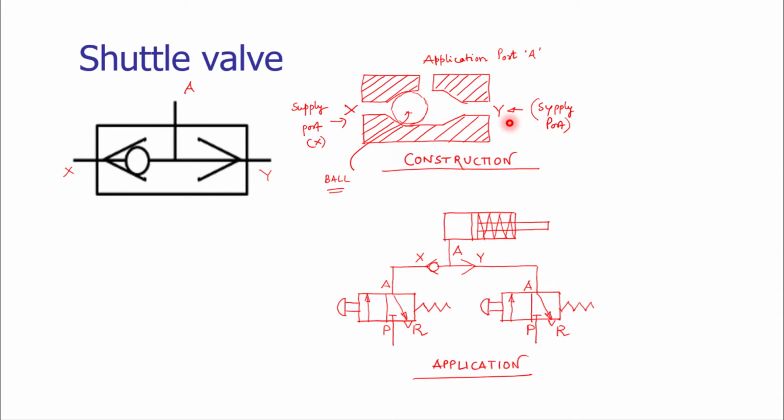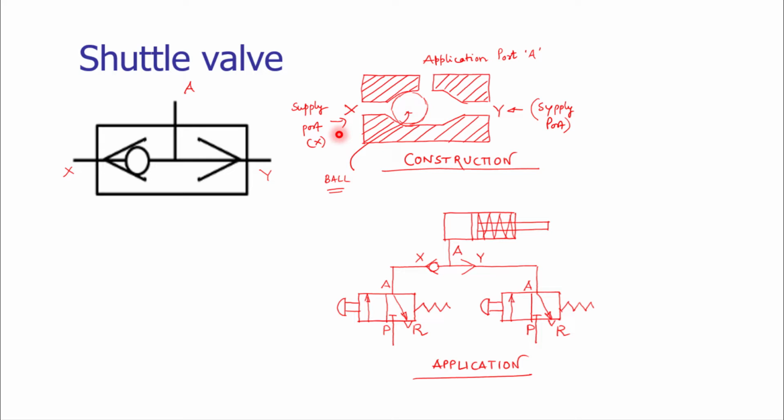The shuttle valve has three ports: port X, port Y, and the application port A. At port X, the supply from one valve is given, and at port Y, another supply will be given by the other valve. The port X and port Y get their input from different valves.